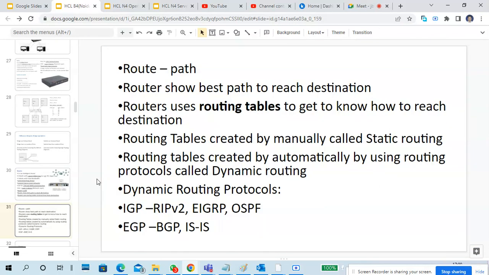So again, the same thing. Routing tables created manually is called static routing. I have 10 routers, and each router is connected to different networks. So I go to each and every router and manually configure the path, how to reach the destination, in the router. That is called static routing.